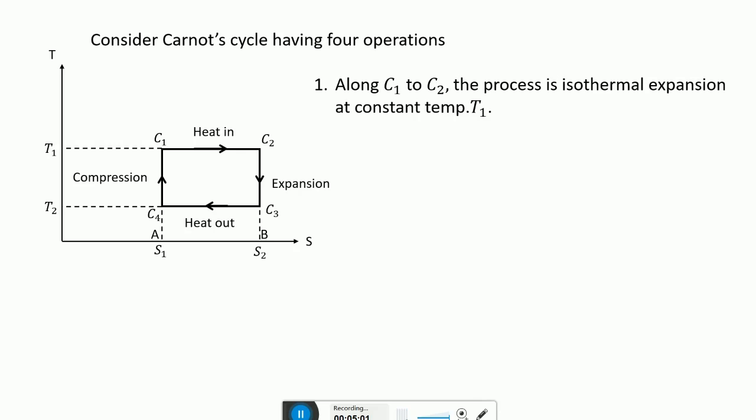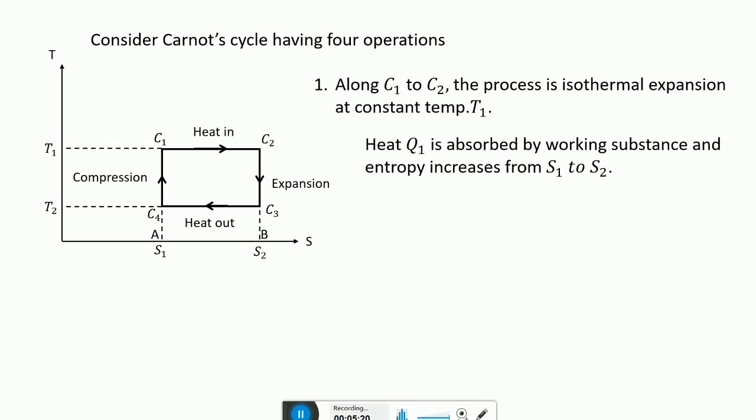First, along C1 to C2, which is parallel to the S axis, the process is isothermal expansion at a constant temperature T1. Heat Q1 is absorbed by the working substance and entropy increases from S1 to S2.